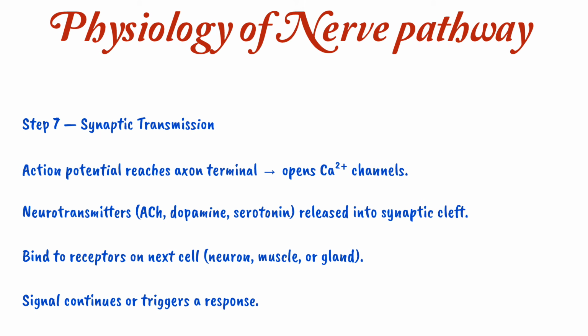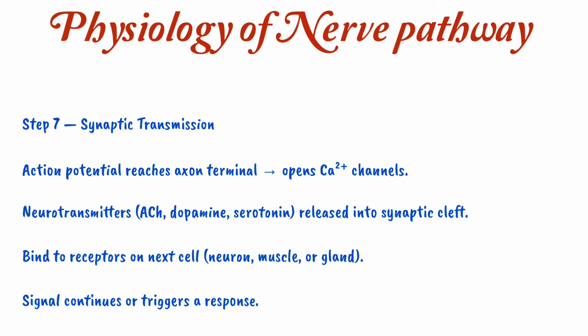When the action potential reaches the axon terminal, it triggers the release of neurotransmitters such as acetylcholine, dopamine, and serotonin. These chemicals cross the synaptic cleft and bind to receptors on the next cell, which may be another neuron, a muscle, or a gland. This is how information is passed forward along the nerve pathway.